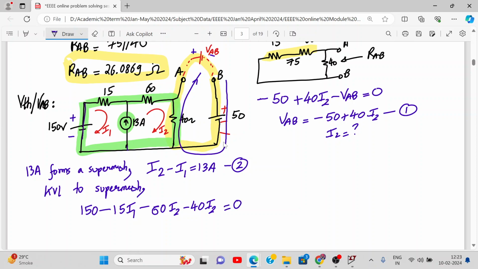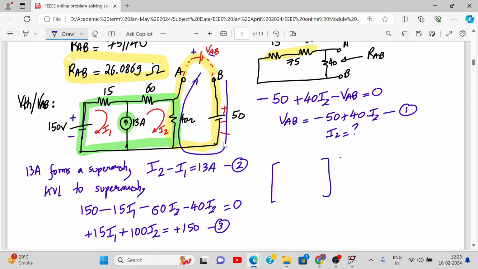So what do we get over here? Minus 15 I1 minus 100 I2 is equal to minus 150. Alright? So if everything is minus, we can multiply everywhere by -1, so we'll get all positive. Now solve 1 and 2 and get the answer.